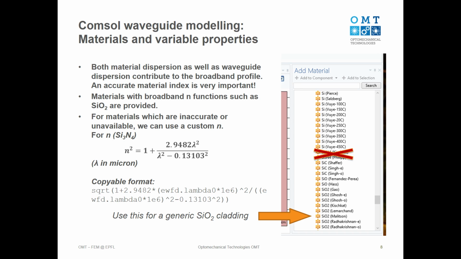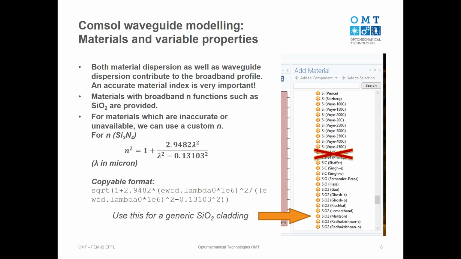And this is actually really important because the dispersion is both the material dispersion of the material and the waveguide geometric dispersion both really contribute to the overall dispersion profile. So it's important that you acquire quite an accurate, experimentally accurate equation for your material, whatever that might be.